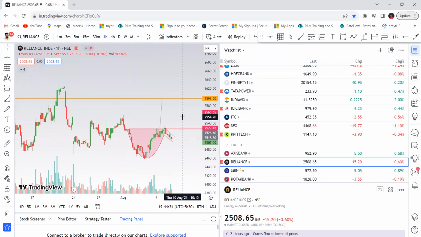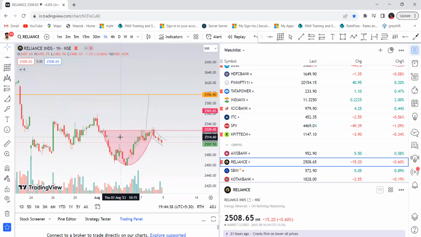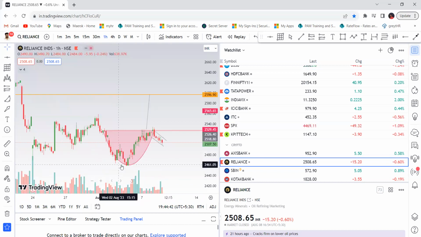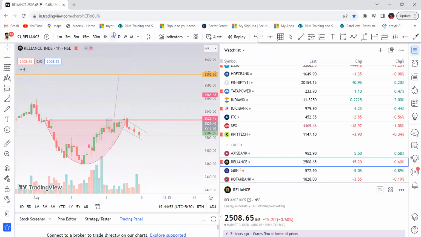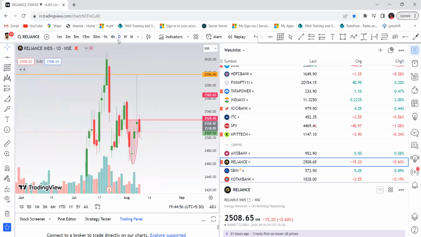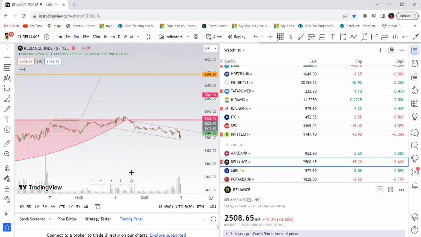It's just a piece of price projection which I'm viewing, so I'm not blindly suggesting to buy. You can do your own analysis. To my view, this is exactly how a cup and handle looks. Yeah, even on 4 hours it looks like that.